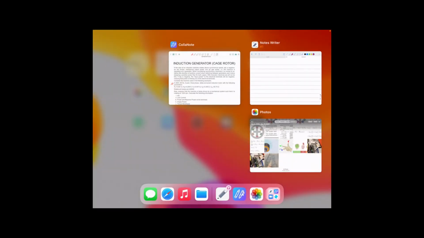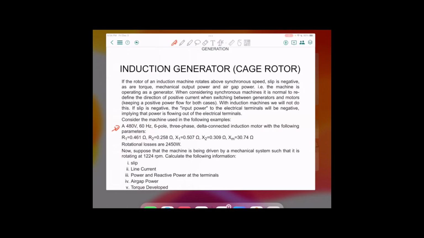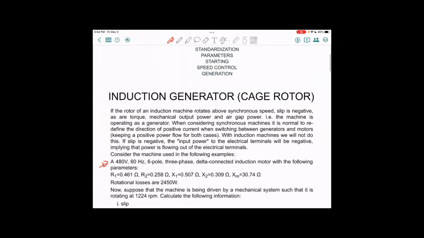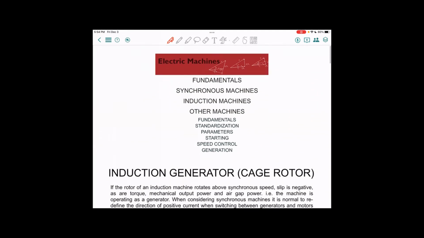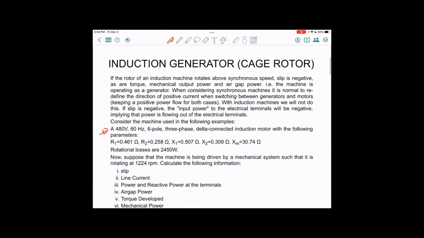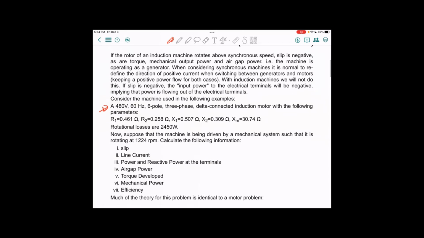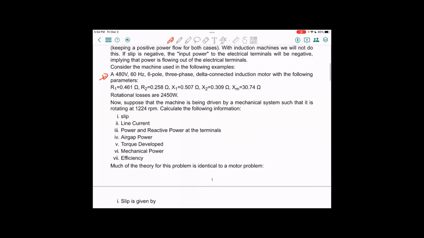If you want to put this in a numerical perspective, just to make it easier to understand, there is a numerical problem. You'll find it in Dr. Knight's online material. You can just follow along with me. So he's giving you some data about an induction machine: 480 volts, 60 hertz, 6 poles.